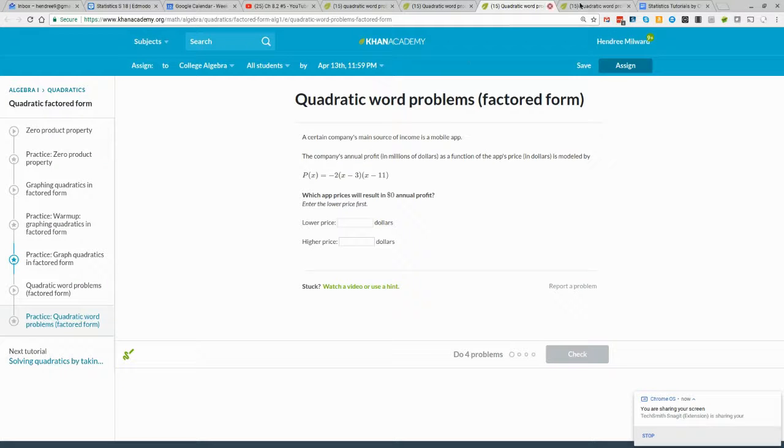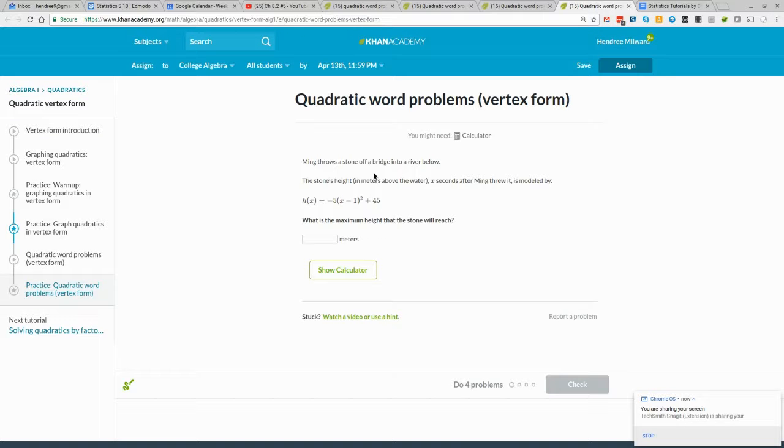Okay, the last one: somebody throws a stone off of a bridge, and this function models the height of the stone x seconds after it's thrown. So y is the height and x is the time, and we're asked for the maximum height that the stone will reach.